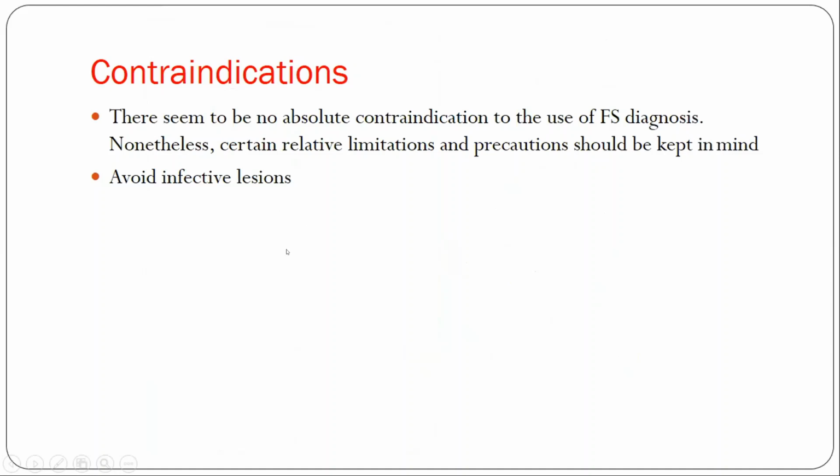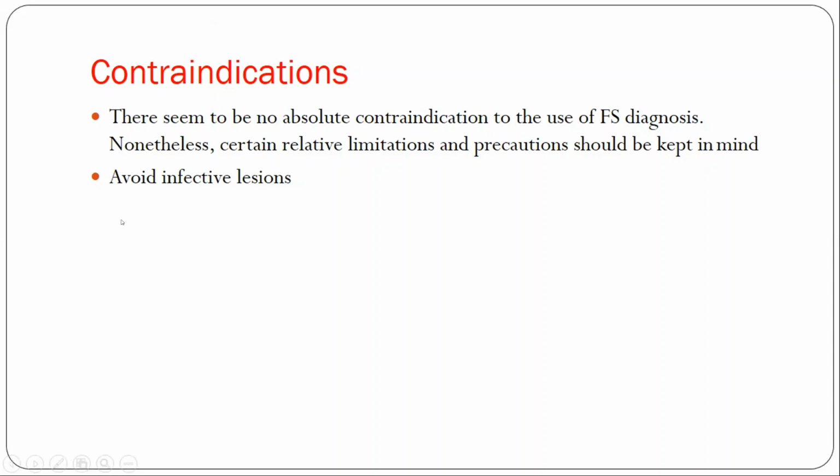Okay, one of the things that you need to know is the contraindication. Actually, there is no absolute contraindication for frozen section, but try to avoid any infective lesion. Because we are processing a fresh tissue. Let's say it is a TB infection, you take the tissue and send it to us. The lab people are exposed to the fume.